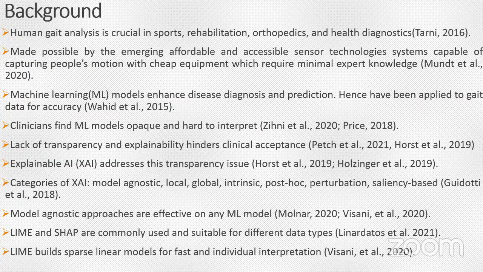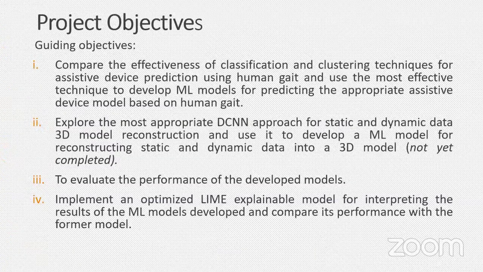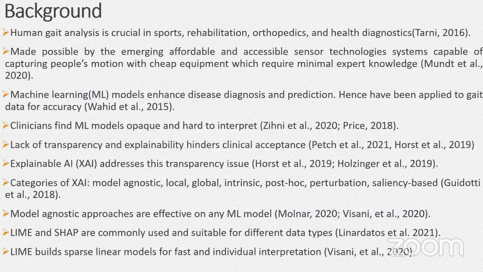Among these, LIME and SHAP are commonly used, and they are suitable for different data types. LIME is an approach built on a sparse linear model, so it is fast in explanation. It is also easier compared to SHAP, which requires a lot of computation.